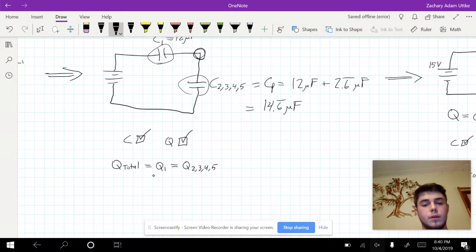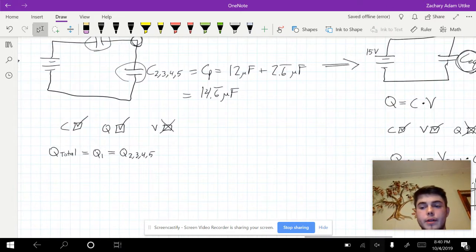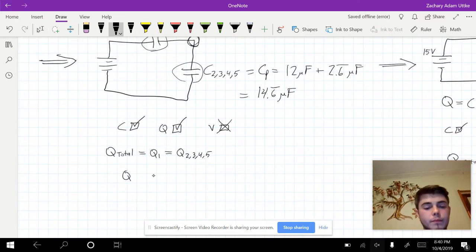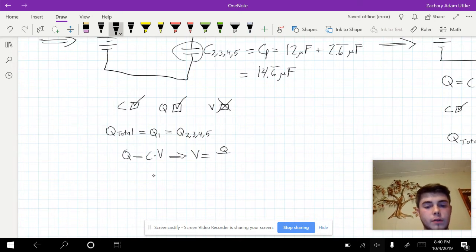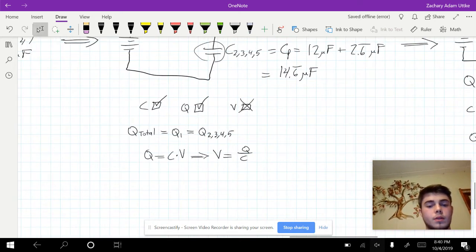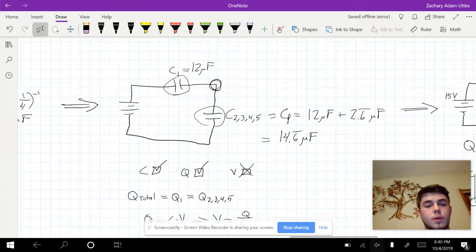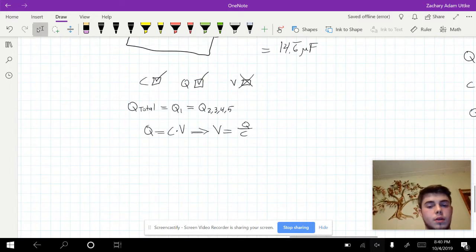Okay, and we don't know the voltage. So now this is the thing that we don't know and that we have to figure out. We can rearrange our equation Q equals C times V to figure out what V is. So V equals Q divided by C. So let's say we're looking at capacitor 1 and we're trying to find the voltage there.